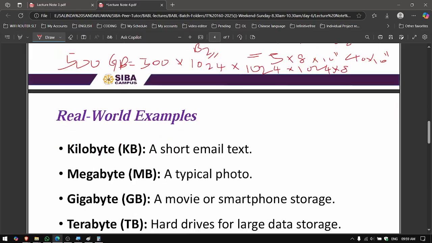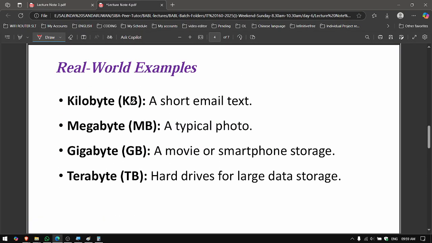Now we are going to see the real world examples here. 1 KB: a short email text. 1 MB: a typical photo, a low quality photo on your computer or mobile device is actually 1 MB.